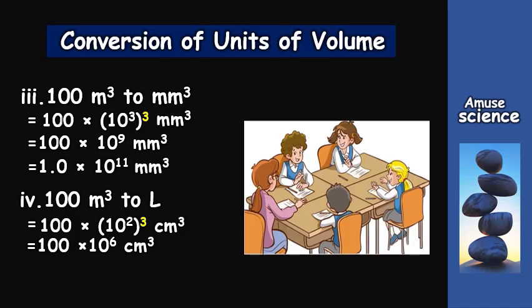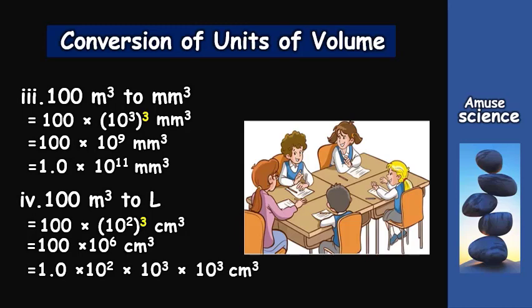We know that 1000 centimeter cube is equal to 1 liter. So what we are going to do here is that we are going to split the 10 exponent 6 that we have obtained into two different powers, such that in one of them we are going to have the exponent to be positive 3, and 10 exponent positive 3 centimeter cube will give us 1 liter. So let's see. But before then, let us write the 100 in standard form. So we are going to have 1.0 times 10 exponent 2.